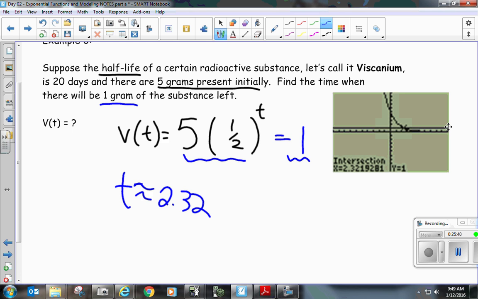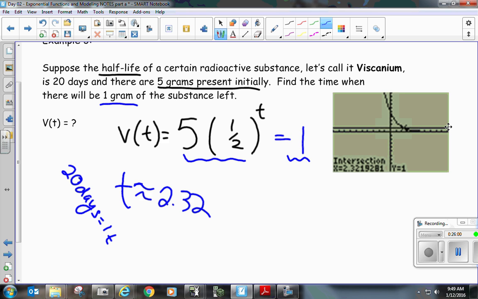It's like 40 something. Because doesn't T represent 20-day increments? If I had 2 20-day increments, it would be 40. Because I'm multiplying, don't I? So T is in 20 days. That equals 1T. So I've got to multiply 20 times 2.32.